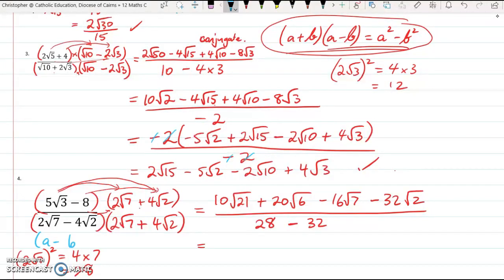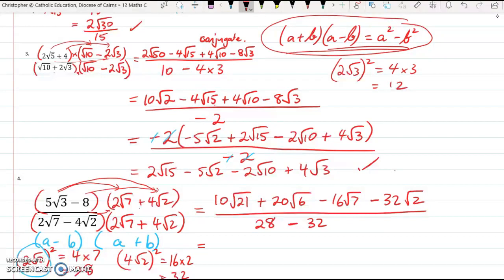It's an A minus B, A plus B. Remember, that gives A squared minus B squared. That's the A squared part. The B squared part is the 4 root 2 all getting squared, which gives us 16 times by 2, which is our 32. So that's kind of where we're getting that. This is the A squared and the B squared.